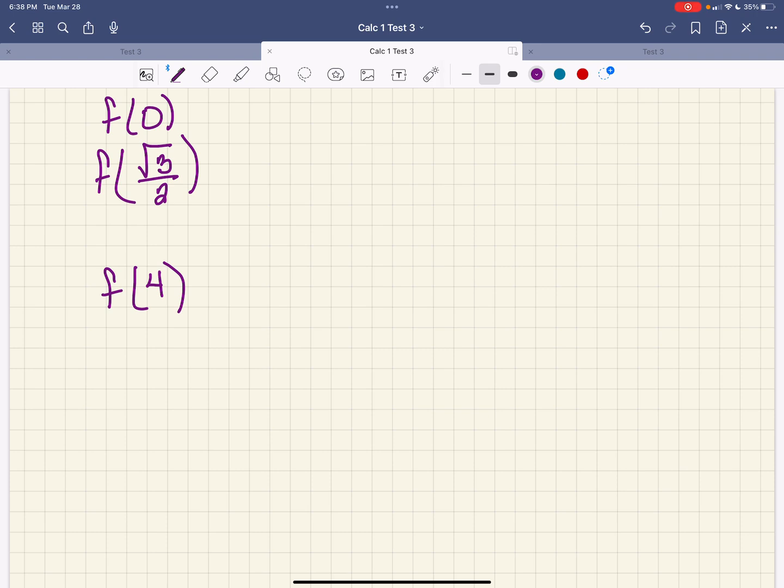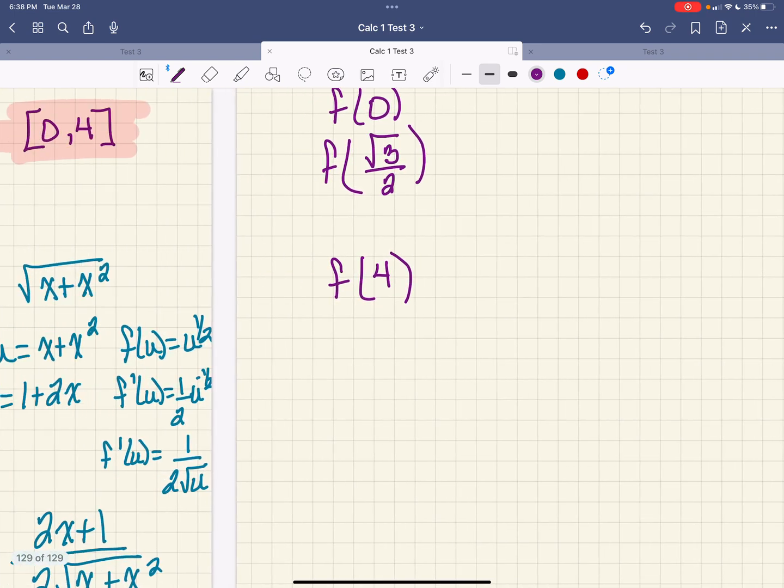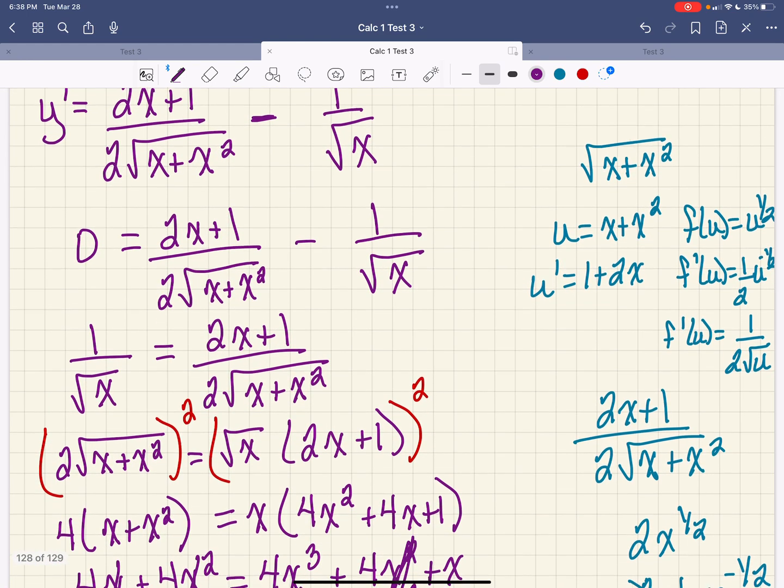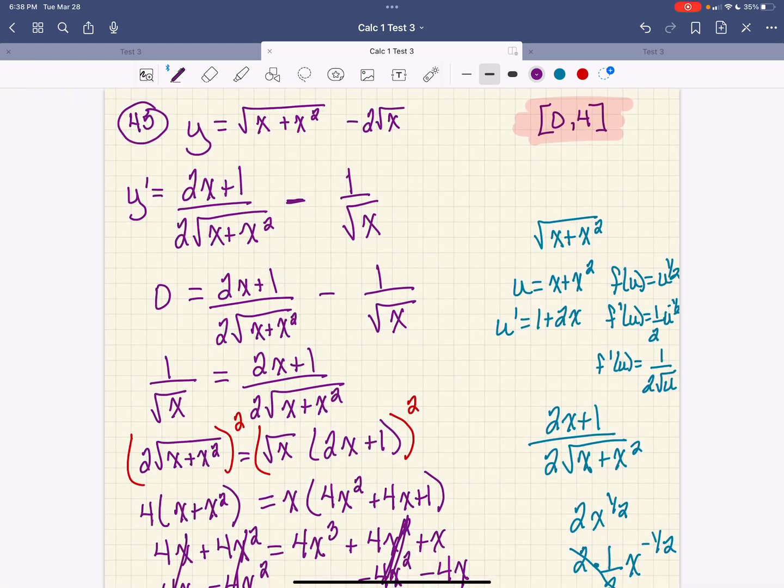Now I want to go back to my denominator and just make sure I didn't miss any denominators there. And I don't think I did. Here, can't take the square root of 0, so we've already got 0 covered. Now here, if I put that equal to 0, that would be 2 on the square root of x plus x squared equals 0.